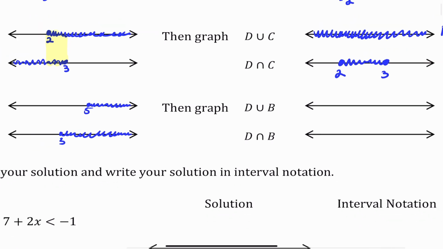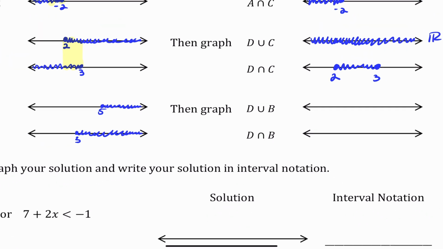So I would be starting at 3, and at some point I'll be approaching 5, but I'm going to keep on going. For the intersection, that would be right here, at 5. And there we go. All right.